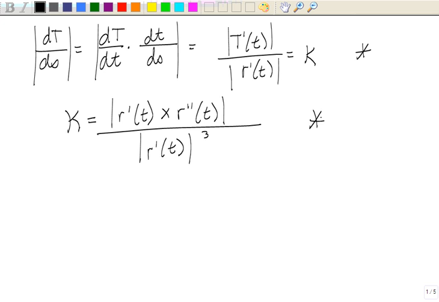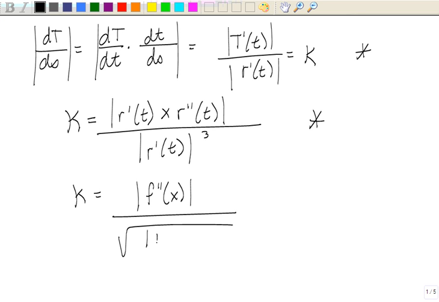And also, if we write kappa as a function of x, then it's f double prime of x over the quantity 1 plus f prime of x squared, all to the 3/2 power. So there are three ways to find the curvature, or how fast a curve changes direction. The last one is if you have a function of x. So let's do an example.